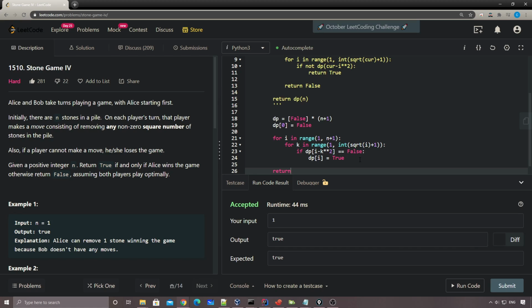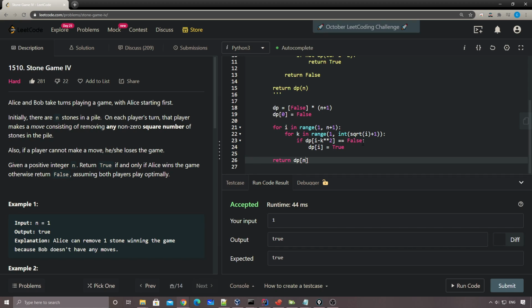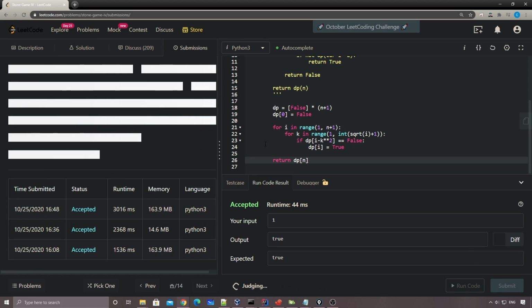And in the end, we simply return dp[n]. Here we're starting at stone 1 because for stone 0 we already know the answer, so we just start from 1 here. I'll just run this.